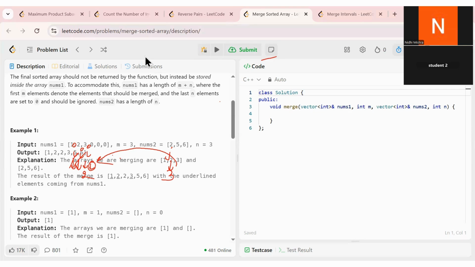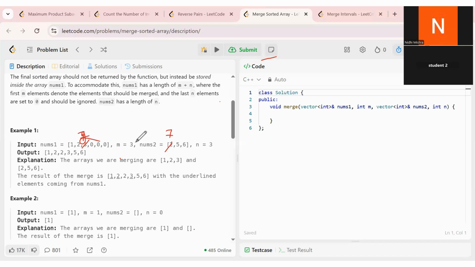Now one question will be this. Suppose here it is 7, and I just swapped. This is 2 and this is 7.